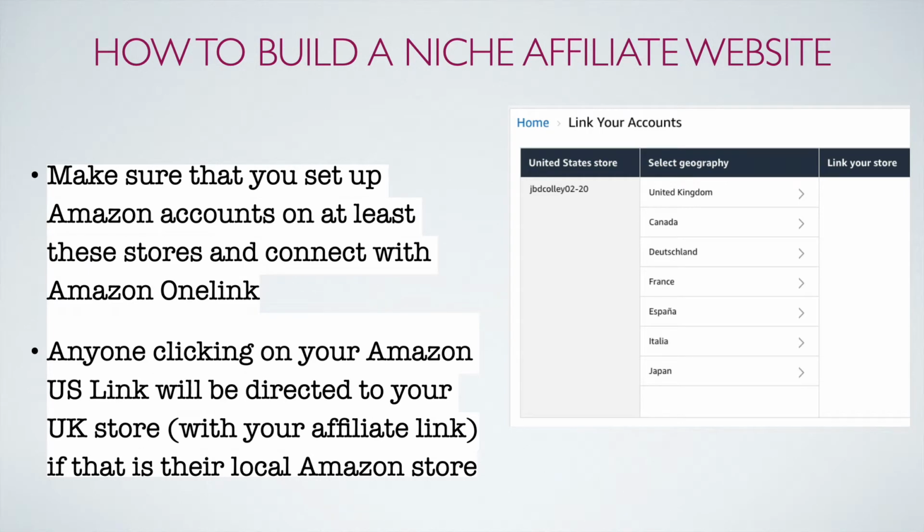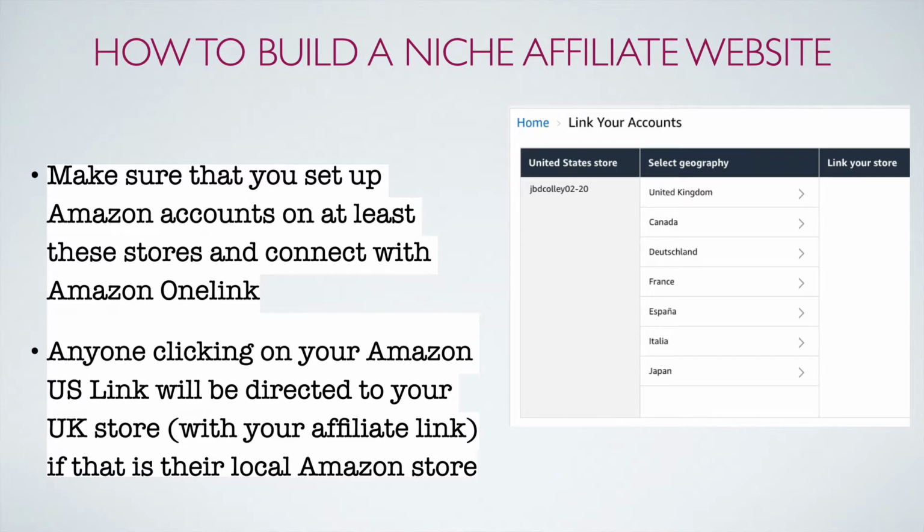While you're setting up your Amazon accounts, make sure you set up your accounts on at least these stores, and this is from Amazon. So you want to have a US store, I would suggest, first of all, but then set up stores in United Kingdom, Canada, Germany, France, Spain, Italy, and Japan. Well, I haven't set up Japan because, frankly, I couldn't get through the language. But if you use Amazon One Link, it will link all these stores for you.